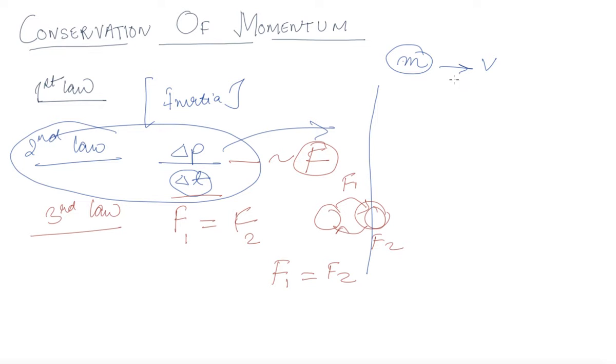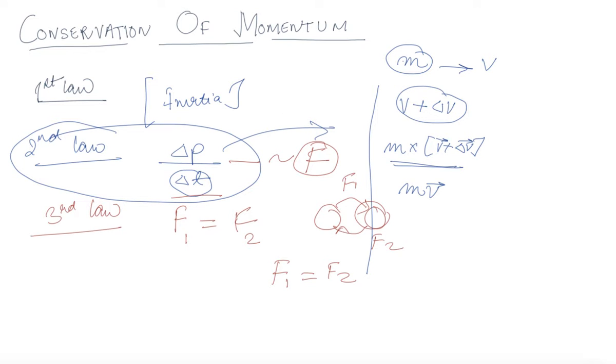Now after some time it changes from v to v plus del v. That is, the momentum changes from mv to m into (v plus del v). This is the change in momentum with respect to the previous value, that is mv. You can give a vector sign over here.